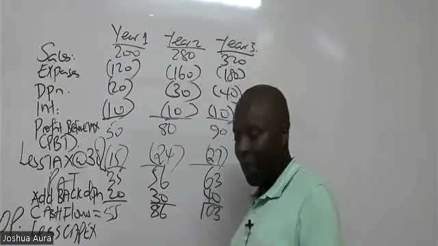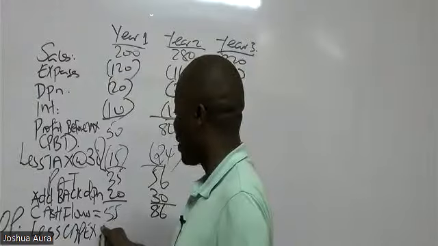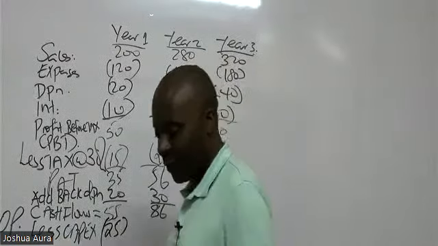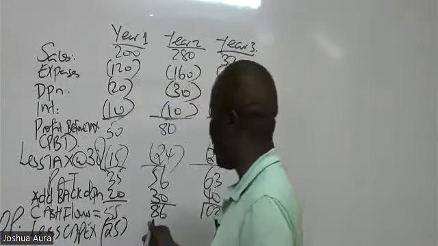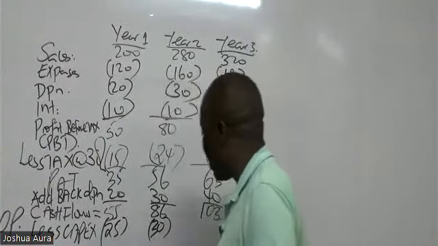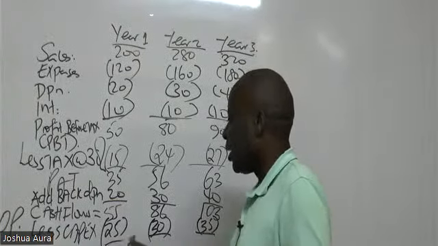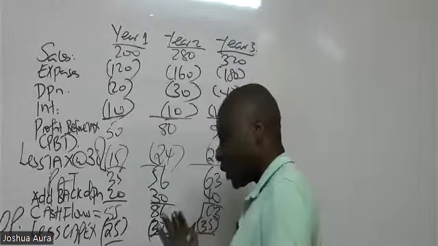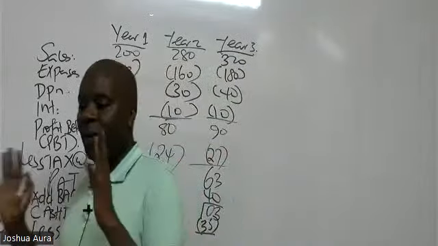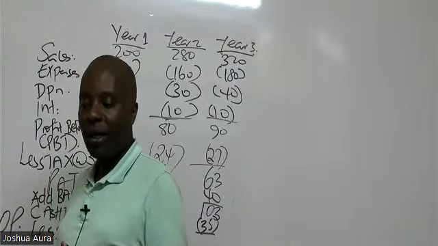So we less capex, and the capex that you're seeing here is 25, then 30, and lastly 35. So you come and subtract this.